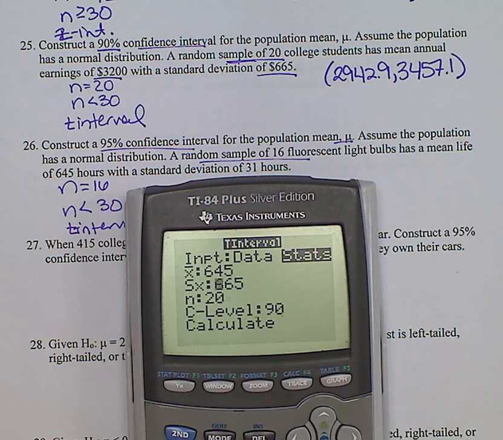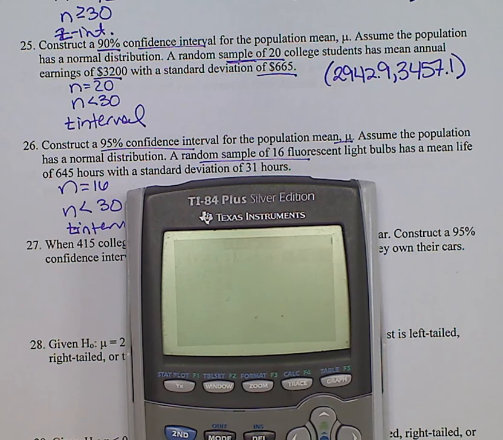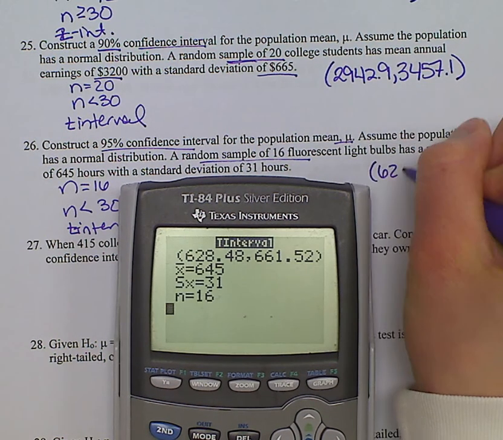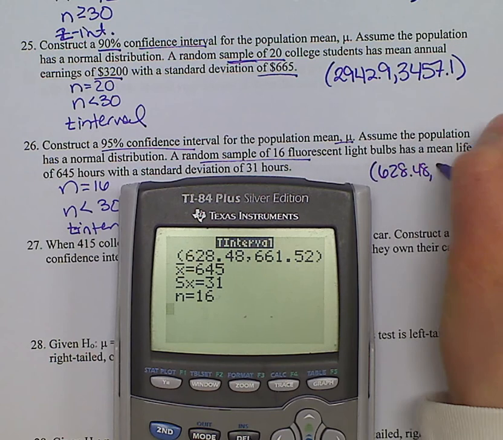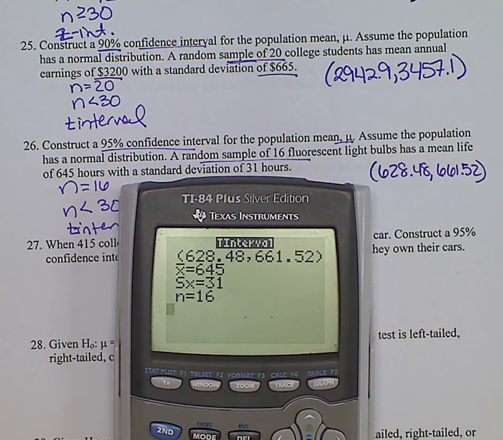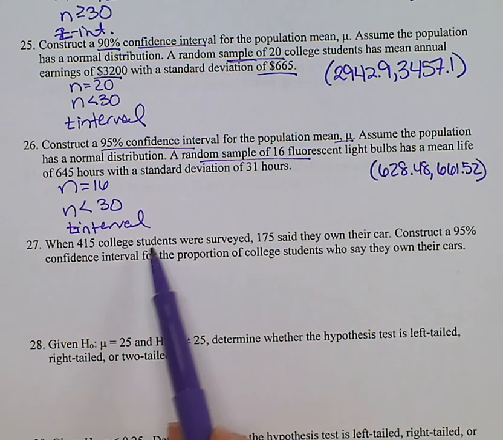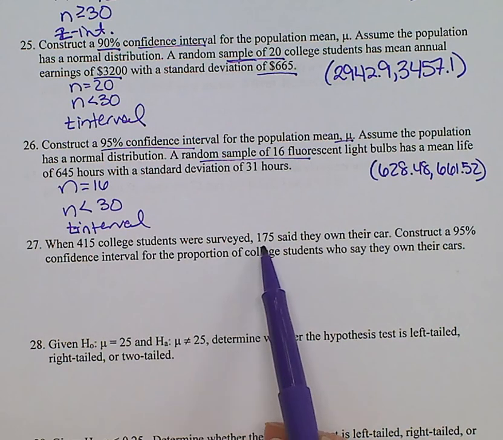Our standard deviation is 31 hours. And our sample size was 16. We want a 95% confidence interval. We calculate, and we get 628.48 hours to 661.52 hours.